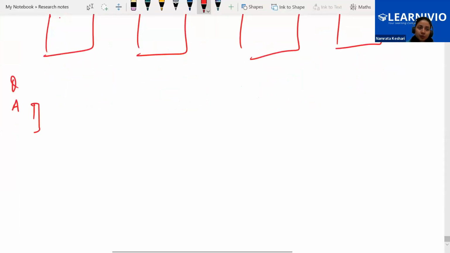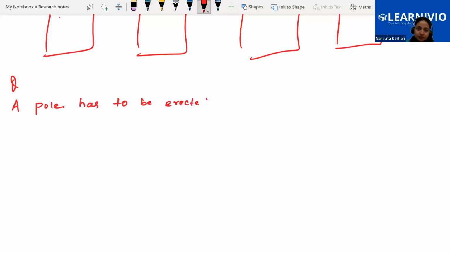A pole has to be erected at a point on the boundary of a circular path.